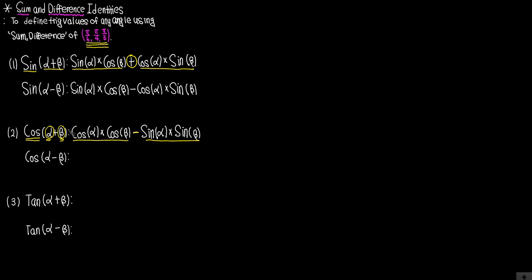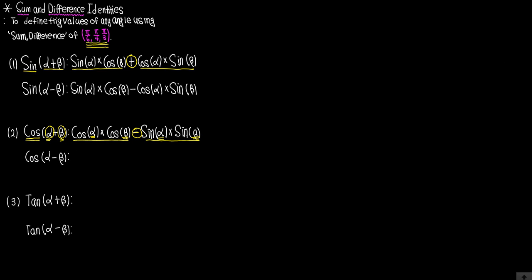And for cosine of alpha plus beta, it'll be cosine of the first angle times the cosine of the second angle minus, when it's a sum identity, sine of the first angle times the sine of the second angle. So if this is a cosine of alpha plus beta, then the cosine of alpha minus beta, which is a difference identity, will have exactly the equivalent expression except for the symbol.